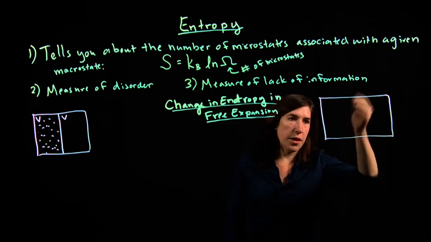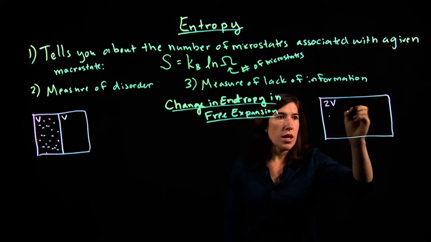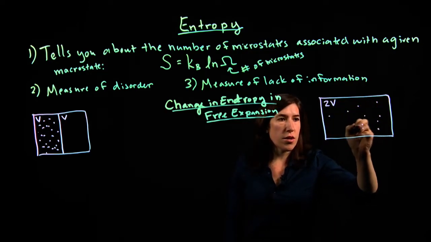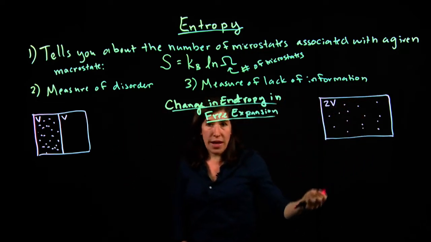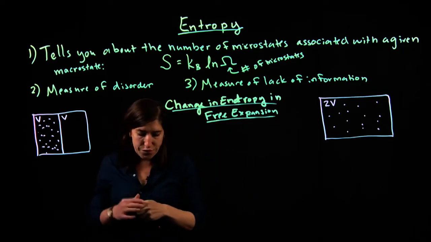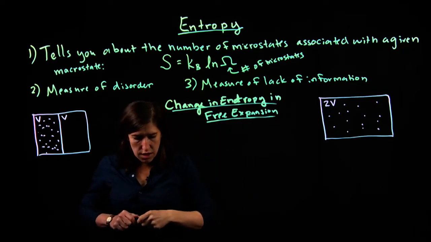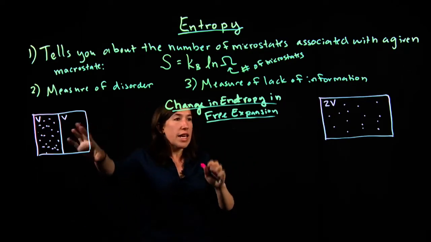And then sometime later, our box, now the partition is gone, the volume is twice the volume, and now we expect the particles are going to spread throughout. They're going to freely expand into the rest of the box. All right, so let's think about the entropy of each of these states.